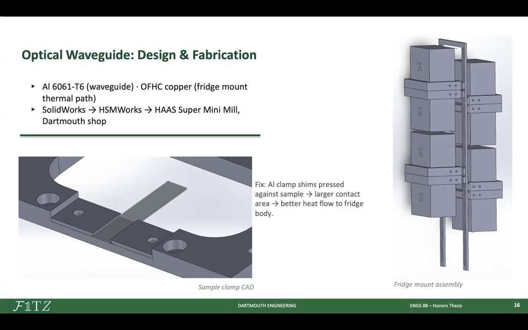This is because heat flow is much more important within the fridge, and the copper we use is high resistivity, so it allows us to have better heat flow. But for the waveguide, we use aluminum because it's much easier to machine. And since we're making a lot of waveguides, copper is too complicated to machine, as it's too soft and it slows down our process.